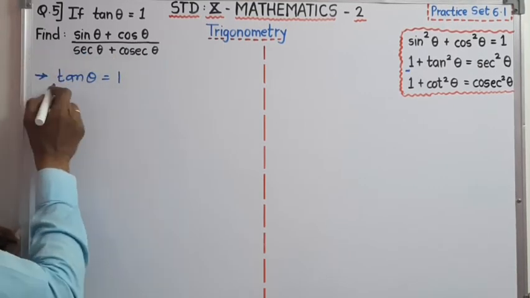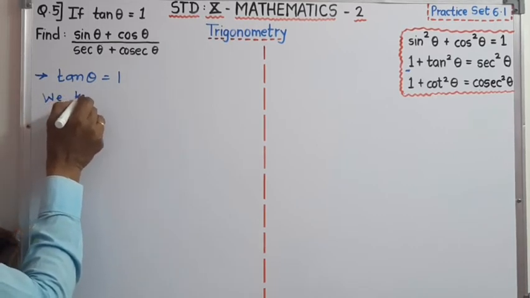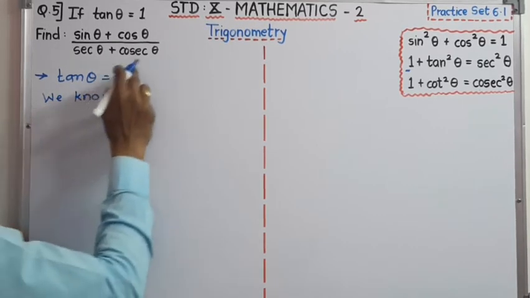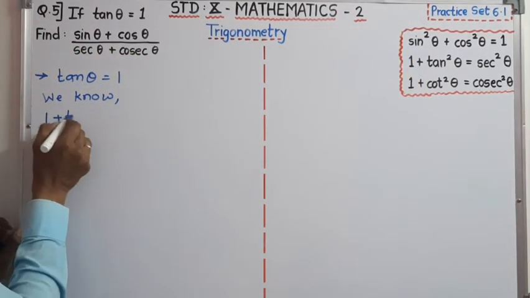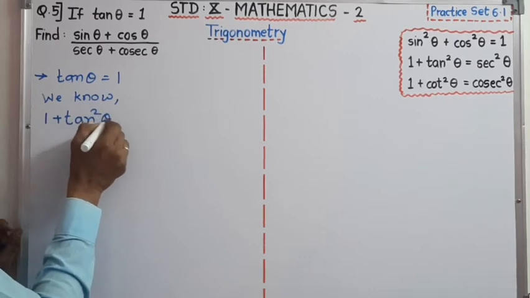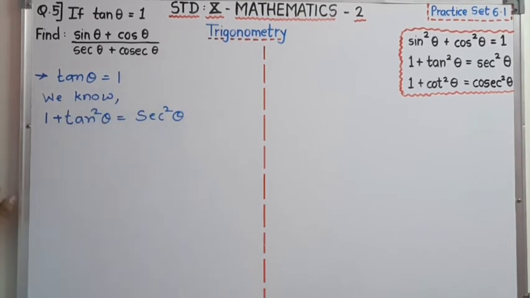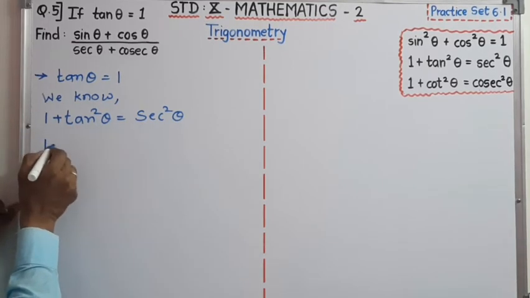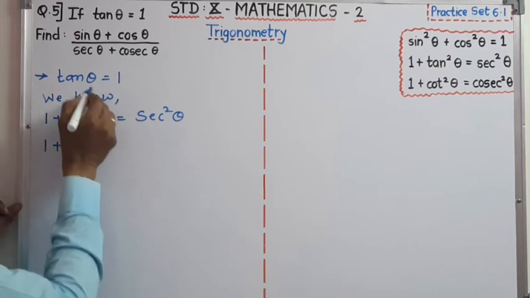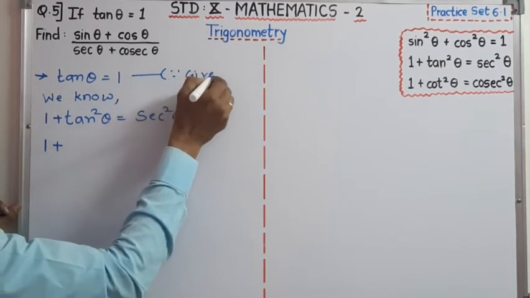First of all, see, tan theta is equal to 1, therefore we have to use this identity, that is 1 plus tan square theta is equal to sec square theta. Now here, 1 plus tan square theta, the value of tan is given.